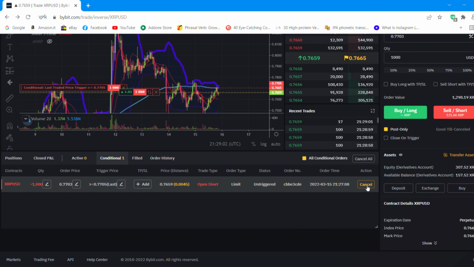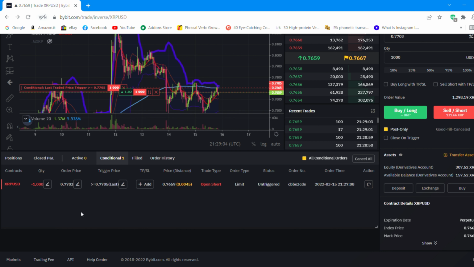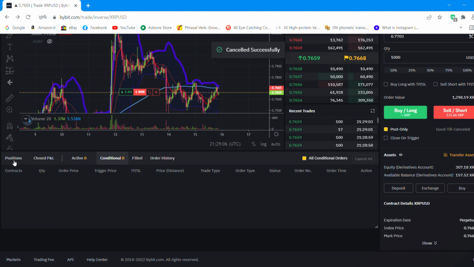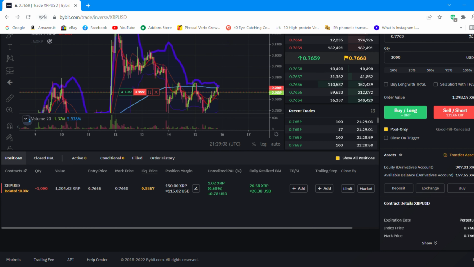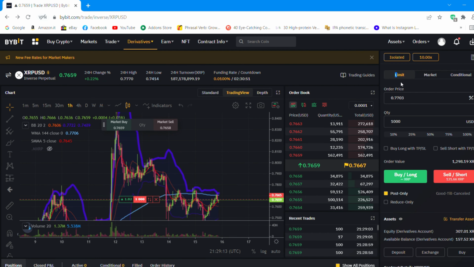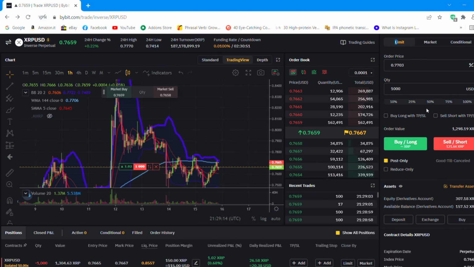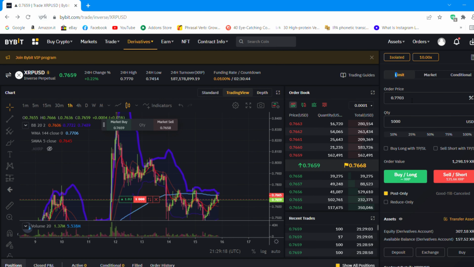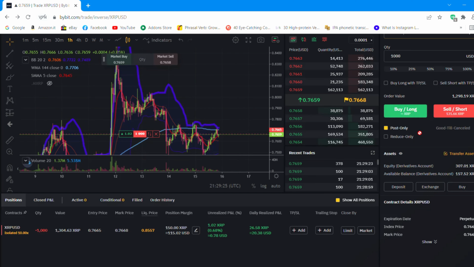So I'll cancel this one because I want to actually save the position for DCAing. You can also set a limit order, but the problem with the limit orders is when the price is close to, let's say I have the same price, I want to buy at 0.7703.